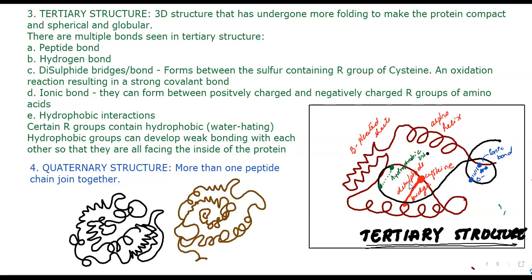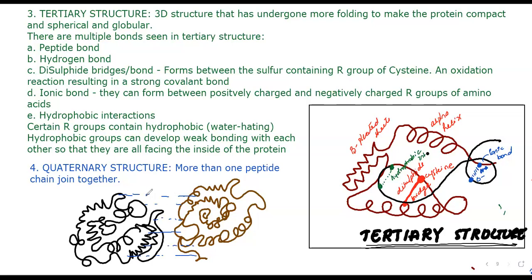Now, because of your hydrogen bonding, ionic bonding, whatever type of bonding, these two have joined together with each other. Keep in mind that they won't develop peptide bonds. Some hydrogen bonding, ionic bonding, hydrophobic interactions, whatever, doesn't matter. Because of these interactions, these two have joined together to make your final protein.